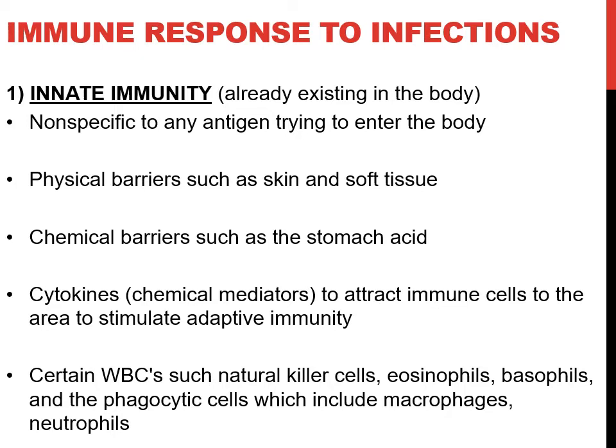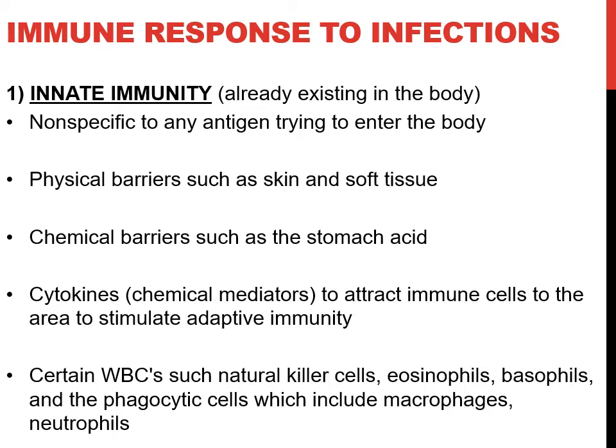So let's talk about some components of the innate system. First of all, there's physical barriers. The skin, the soft tissue below the skin, the mucosa, say in your mouth, actually has antibodies in it. So protective proteins that are within the saliva.